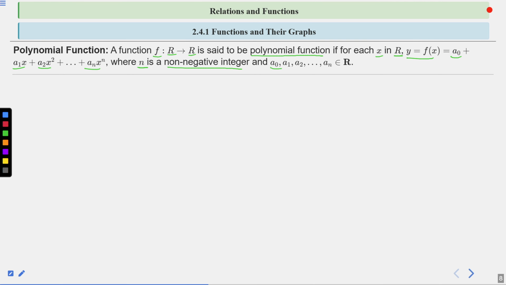And a0, a1, a2, the coefficients of x must be from the set of reals.